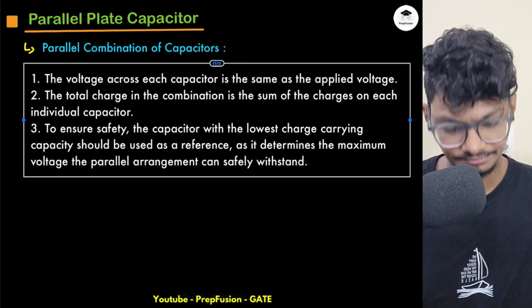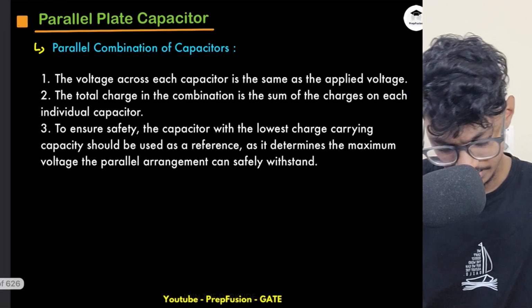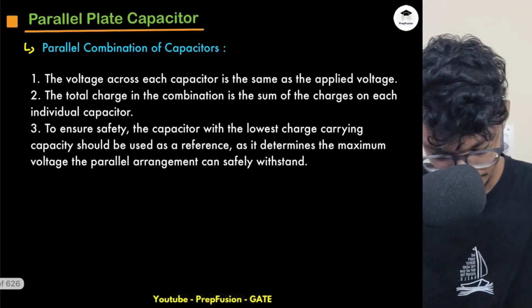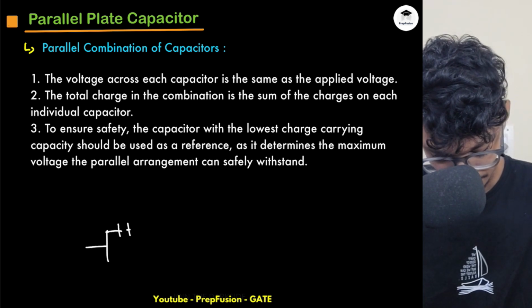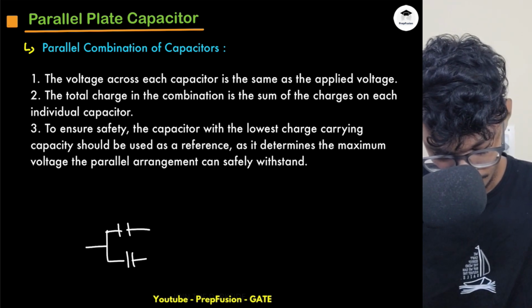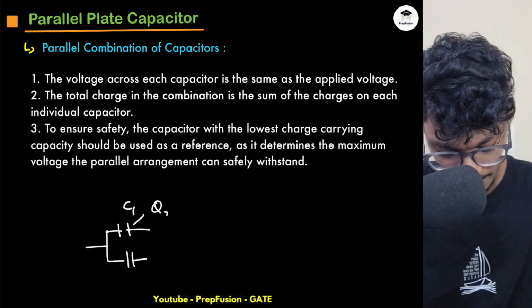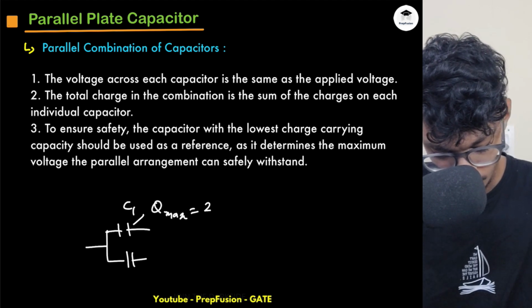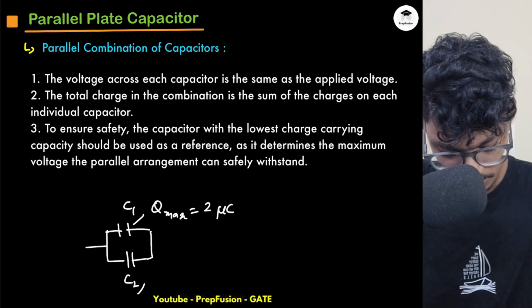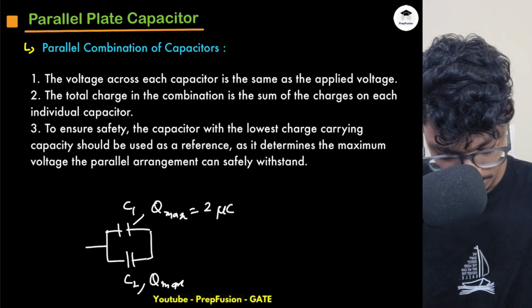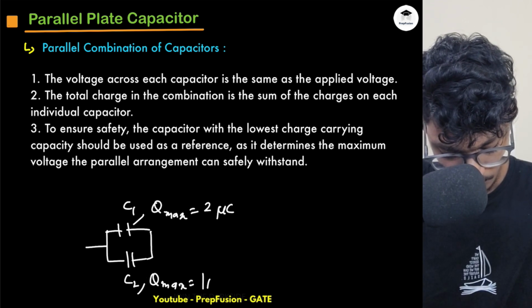So what do I mean by this? Let's take a simple example. Here I have two capacitors, C1 and its Q max is 2 microcoulomb, and C2 its Q max is 1 microcoulomb.